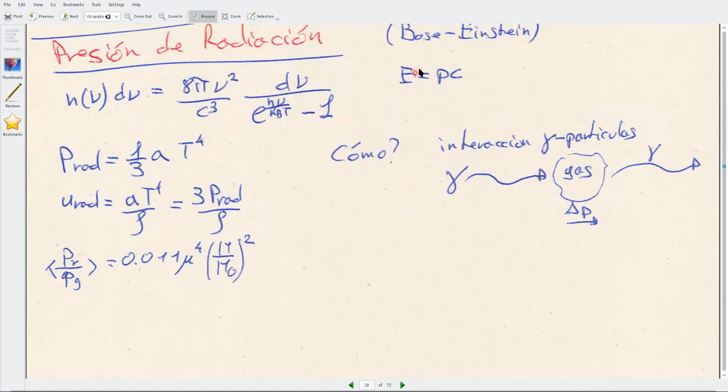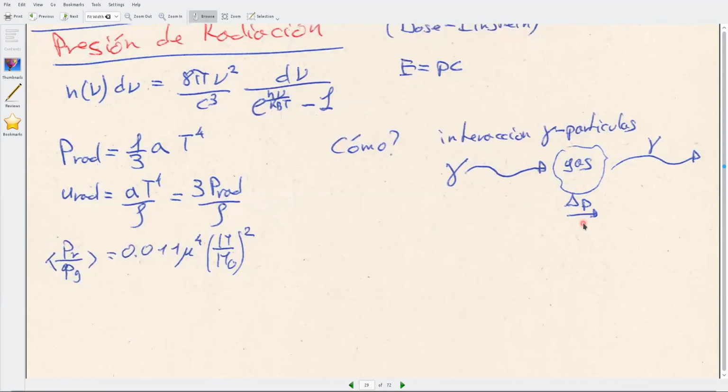You see, the energy is p times c. Momentum of the photon is the energy of the photon divided by c. And this interaction is leaving this quantum of momentum, so it's like having a pressure, because the gas interacts with collisions and adds little momentum to the surface.